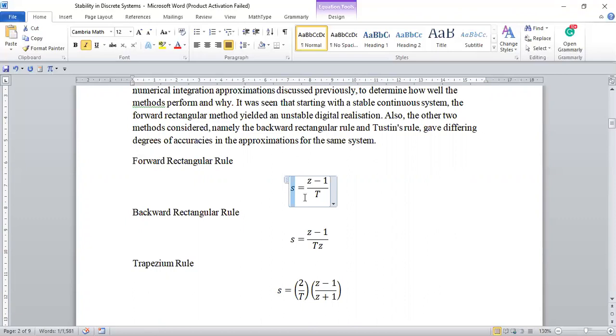So in the forward rectangular rule, we said that the relationship between the S and the Z is given by this. Then for the backward rectangular rule, we actually proved this relationship. We said the relationship is given by this. Then for the trapezium rule or the Tustin's rule, we derived the relationship between the S plane and the Z plane to be this.